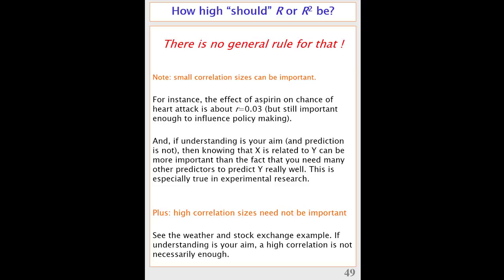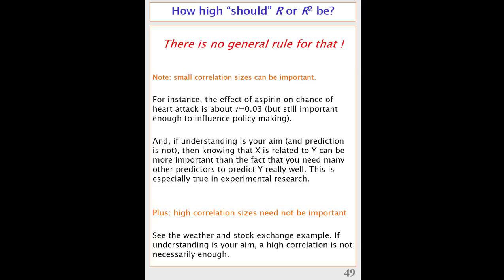For instance, a really small correlation of 0.03, and this is roughly, if I'm not mistaken, the actual correlation between swallowing aspirin, I think once a day, and the probability of a heart attack. This is actually what you get if you have suffered a heart attack once.